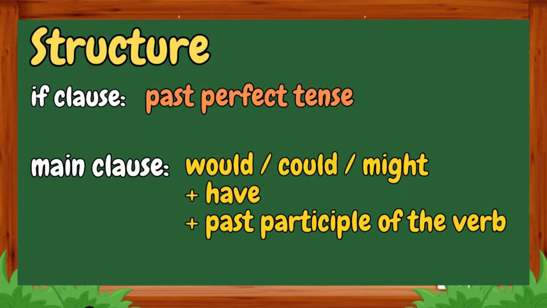Let's go look at the structure of this one. In the if clause, we use the past perfect tense, and in the main clause we use would, could, might, plus have, plus the past participle of the verb. So, yeah, that's definitely a mouthful. Let's go look at examples and hopefully it will be more clear.